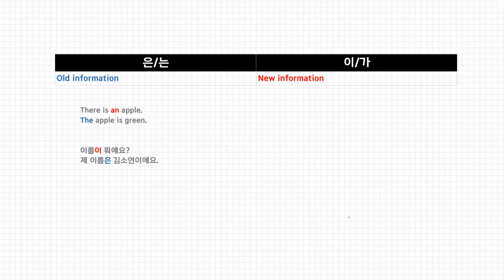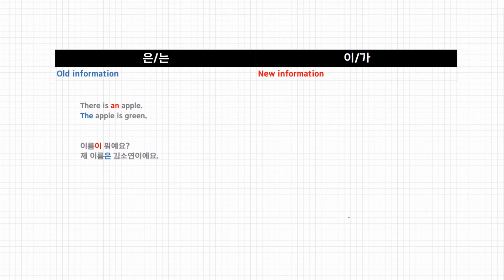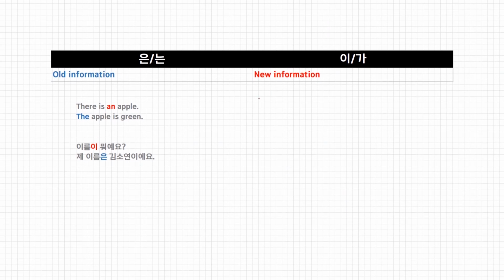And next, this one is pretty easy. When the subject is introduced for the first time, new information, then 이가 should be attached to the subject. When the subject is already mentioned before, or when adding more information about it, then 는 is used.